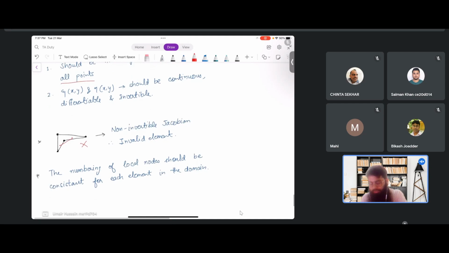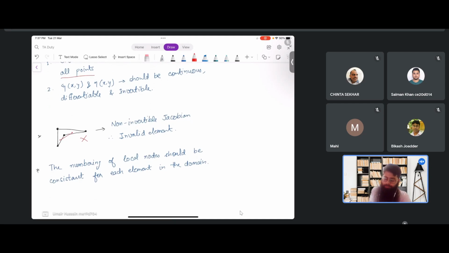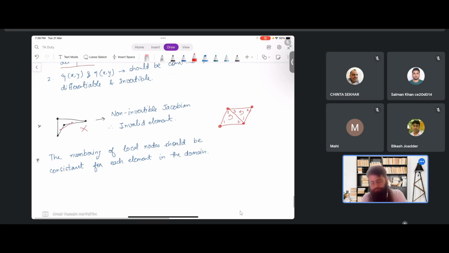One more takeaway point about choosing the element is that the numbering of the local nodes should also be consistent. So if we have two elements like this, and we number this element anti-clockwise 1, 2, 3, the next element also we should number anti-clockwise.